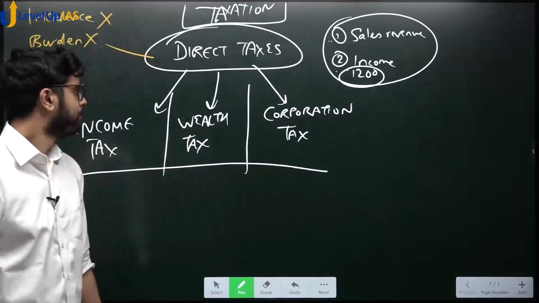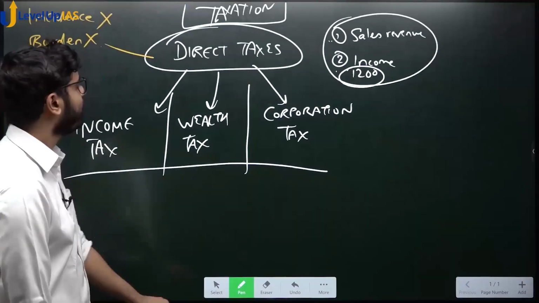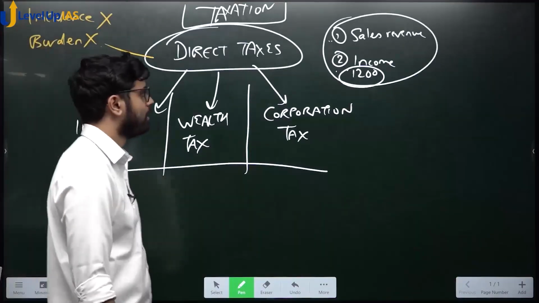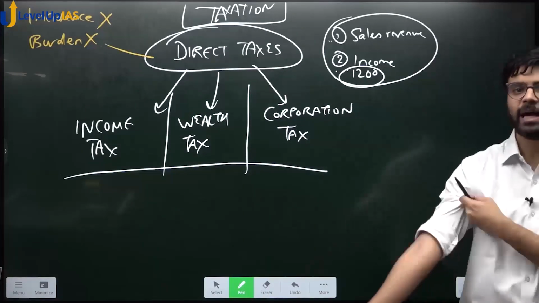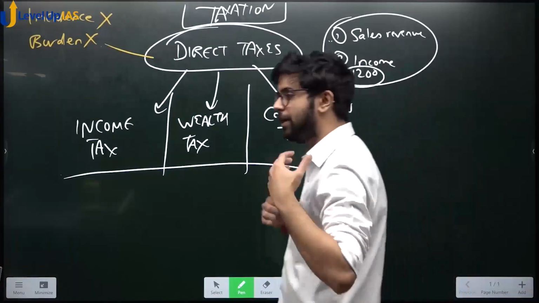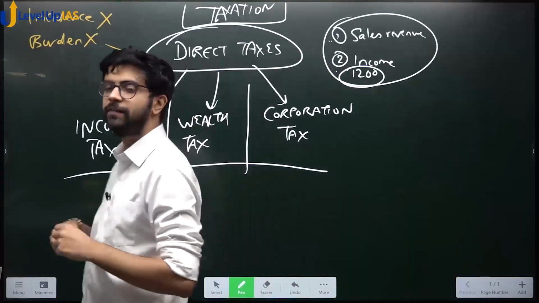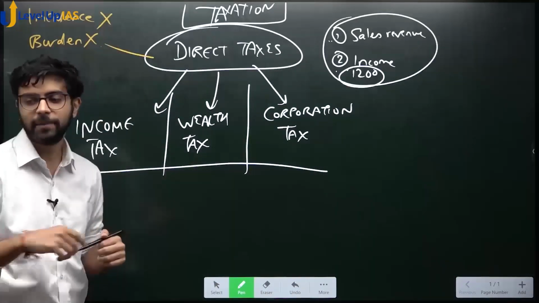Okay? These are the types of direct taxes. Should we start? Should we start income tax? It's big. I will take you through it. I will introduce you to income tax. Very, very nice topic. Interesting topic. Income tax.